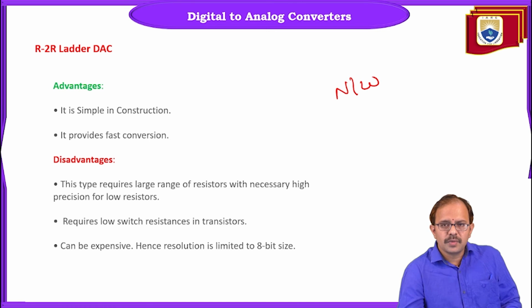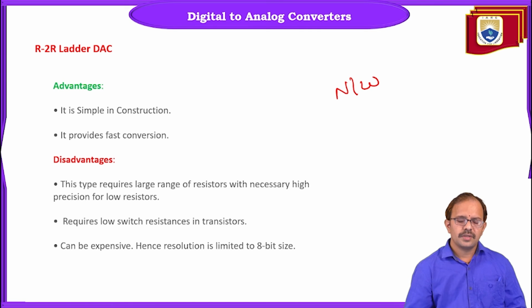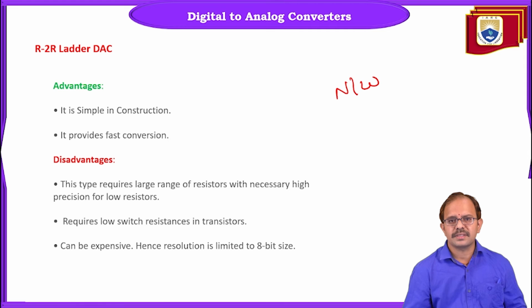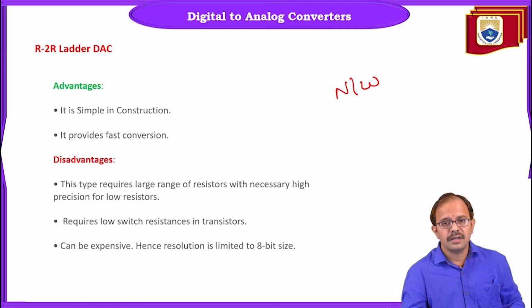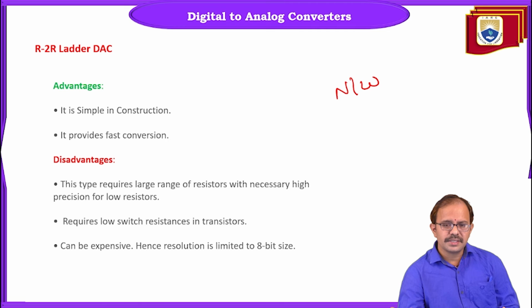We need to build a network with the help of a number of resistors or a group of resistors. Now the challenge is how you are going to build that network, whether it is simple or complex. If we recollect the previous technique, the weighted resistor DAC, that network construction is quite complex, right?